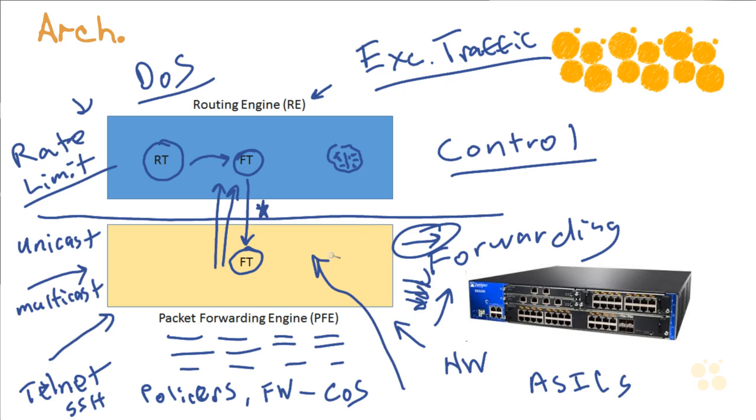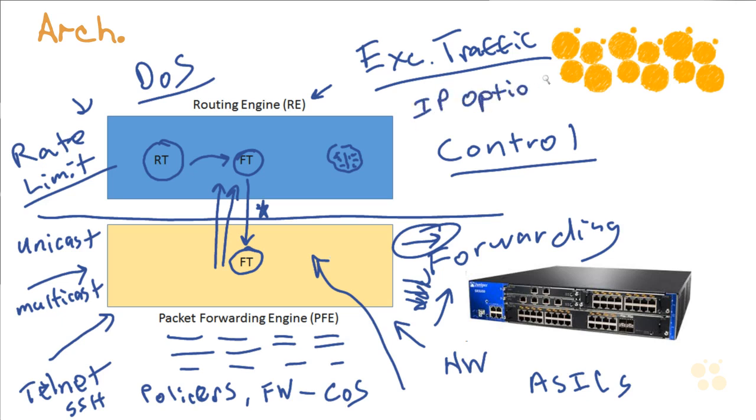So our OSPF hellos and things like that, our BGP communications, they're going to be exception traffic, and it's great that Juniper's rate limiting for us, because obviously there are some simplistic denial of service type attacks that could be carried out against us by just flooding us with bogus OSPF or bogus BGP traffic.